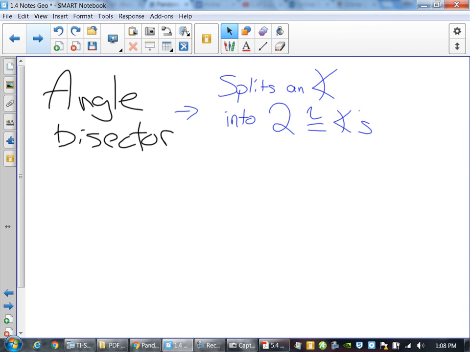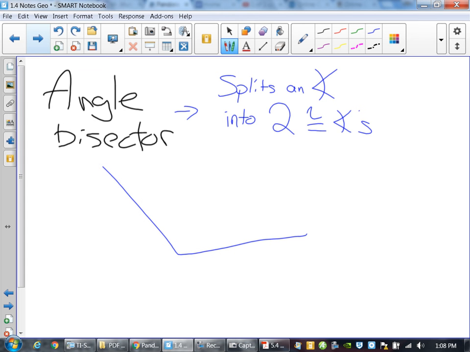And that's how this one winds up working itself out. Again, it is a very, very simple thing to work with. So if I have an angle, let's say we have angle XYZ, and angle XYZ is 122 degrees to start with. And we'll call this YR. YR bisects it.